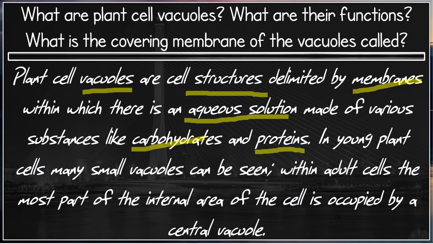In young plants, many small vacuoles can be seen. Within the adult cells, most of the internal area of the cell is occupied by a central vacuole.